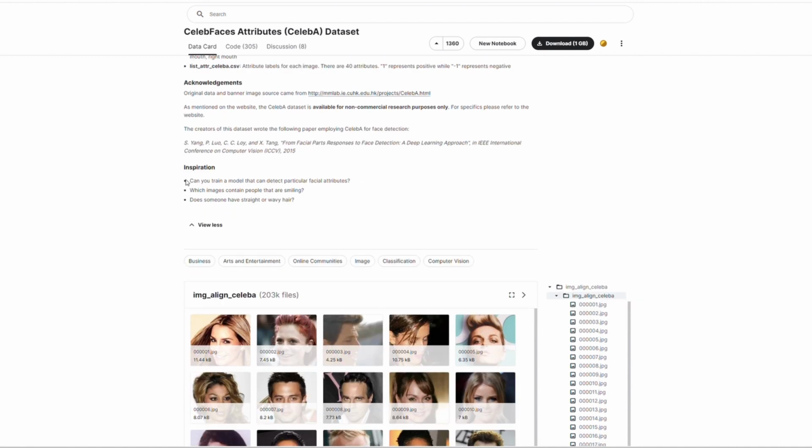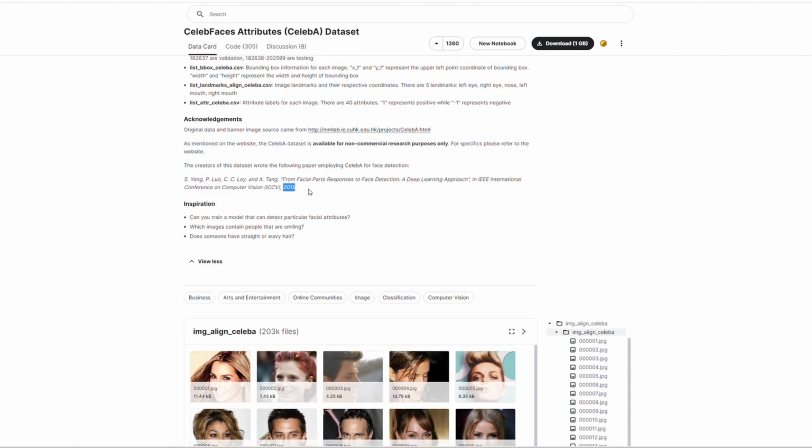It's a good question. So they were inspired by a couple of questions too, which is interesting. Can you train a model that can detect particular facial attributes? So this is about image detection, not generation. It'd be interesting to note that this is from 2015, which means, if you remember, when were we doing GANs on a massive scale?